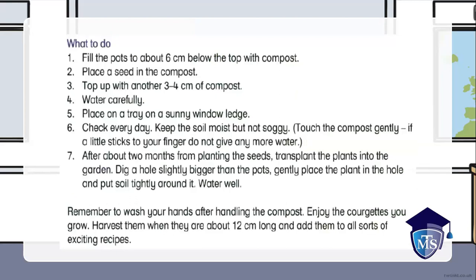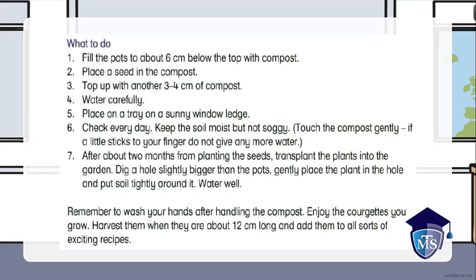Number one, fill the pot about 6 centimeters below the top with compost. Two, place a seed in the compost. If I go through these, I will find that they are first numbered. Second, all of them start with an imperative verb. I have extra details, necessary for description and to make my instruction specific, used between brackets.